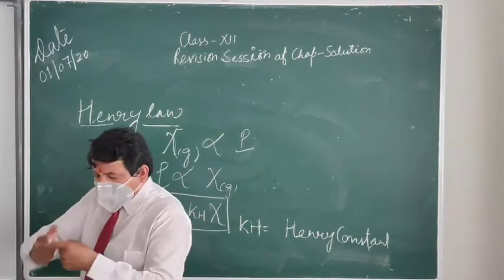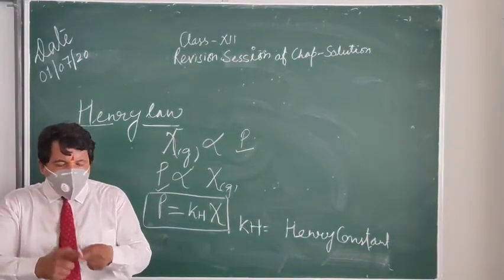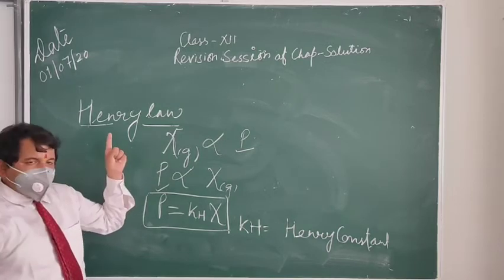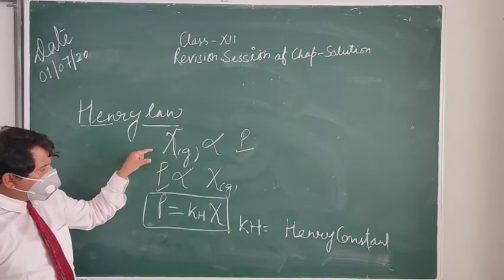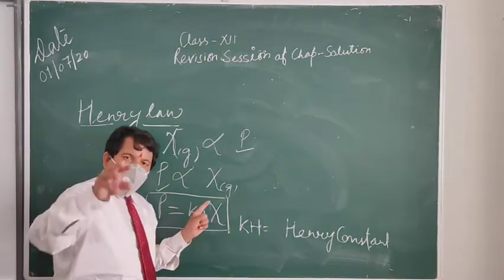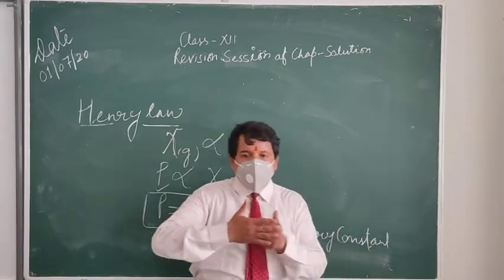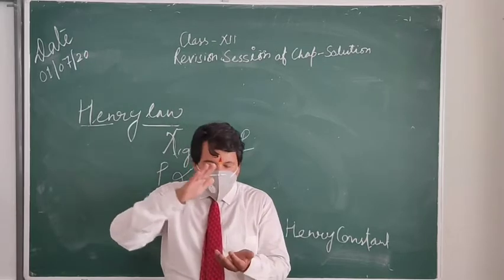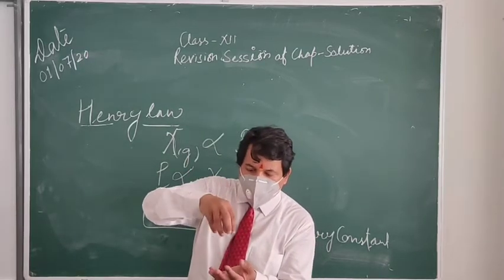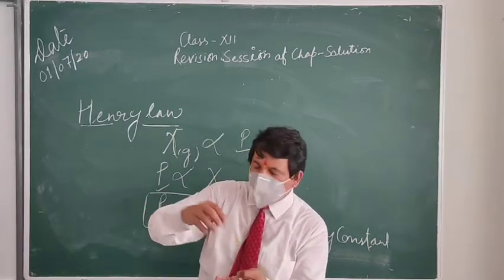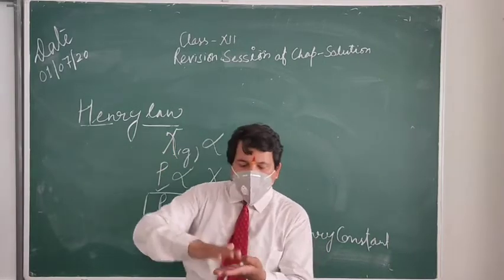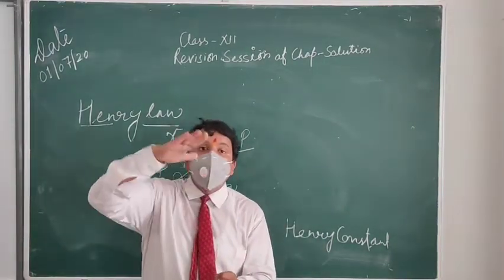So, to decrease this bends problem, we dilute that particular oxygen kit with helium, because helium is a very small molecule which can pass through our system, and nitrogen. To decrease the extent of nitrogen, we dilute it with helium so that the bends problem can be minimized.